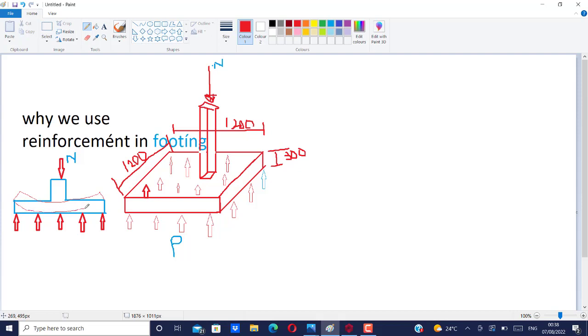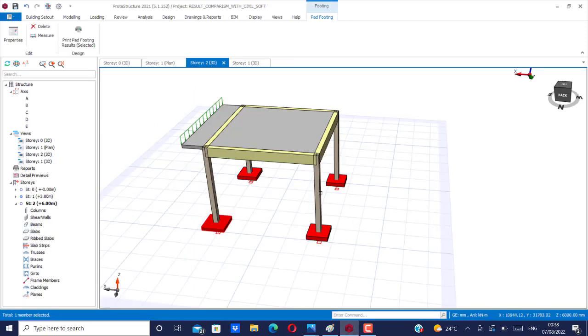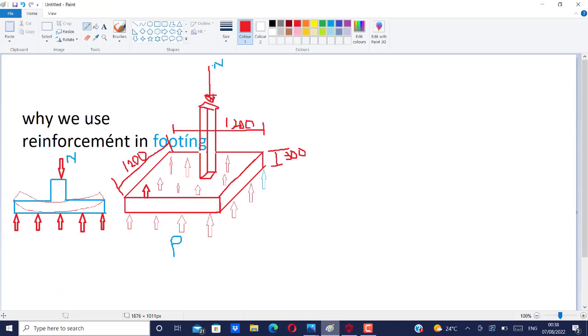Sorry, we are using a sketch that is not easy to draw. Yes, so this footing can bend in this manner as this column load, which we are talking about from this place, is acting on this footing here.